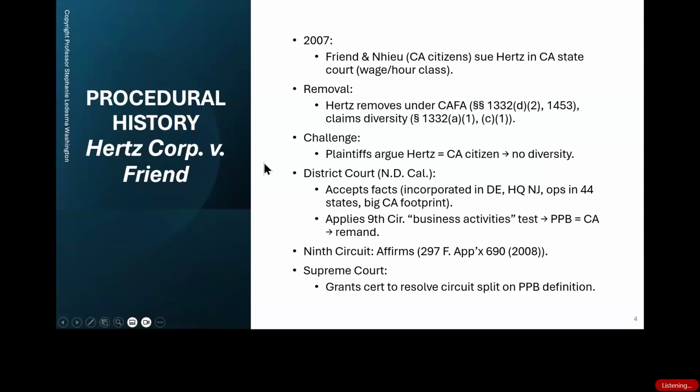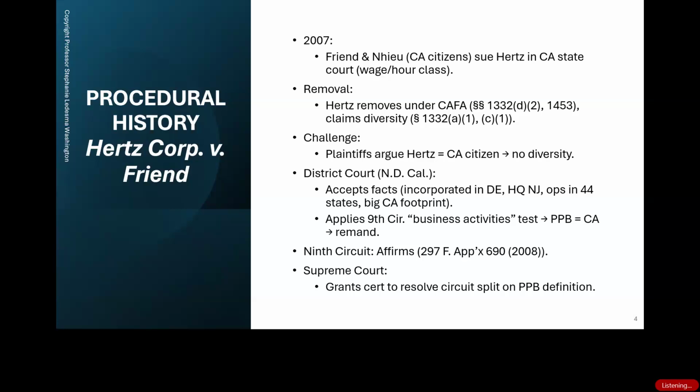Continuing with Hertz Corporation v. Friend, here's a brief procedural history. In 2007, Ms. Friend and Nihu, both California citizens, sue Hertz in California court. The nature of the claim is a wage and hour suit.